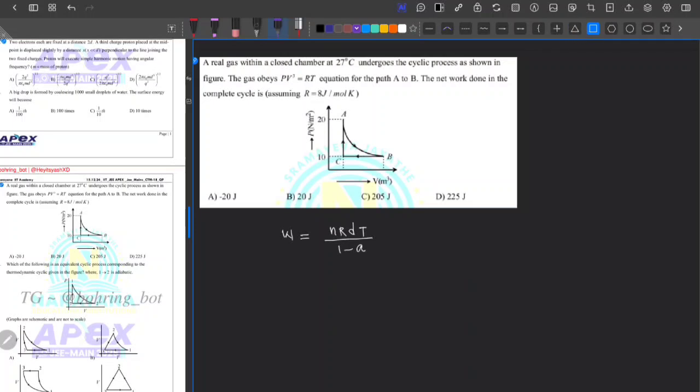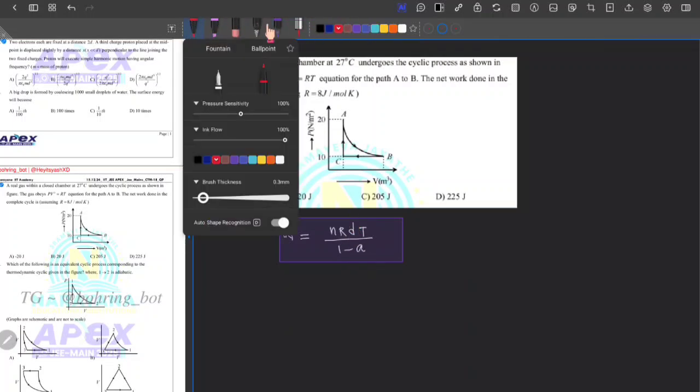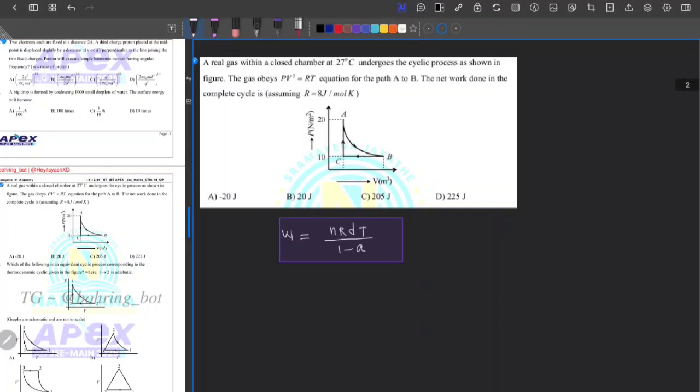But there is a mistake here. The mistake is that it is not an ideal gas. Is it an ideal gas, guys? It's not an ideal gas. Therefore, you cannot do nR delta T by 1 minus a like this. You have to apply the direct formula. What is the formula? You know, dW is equal to.